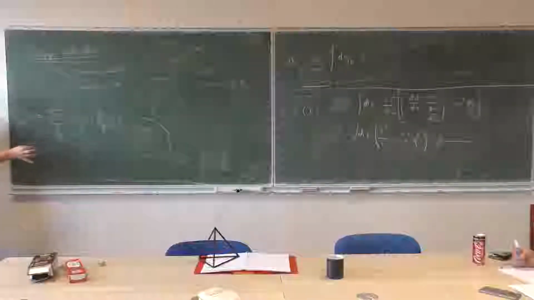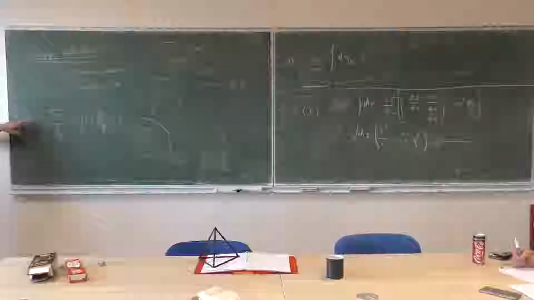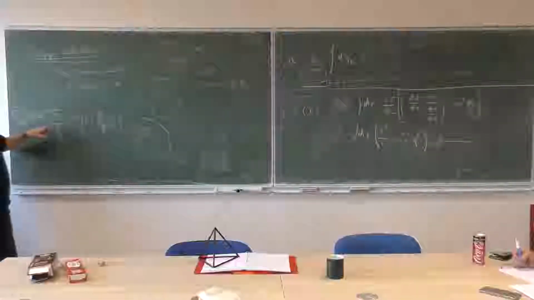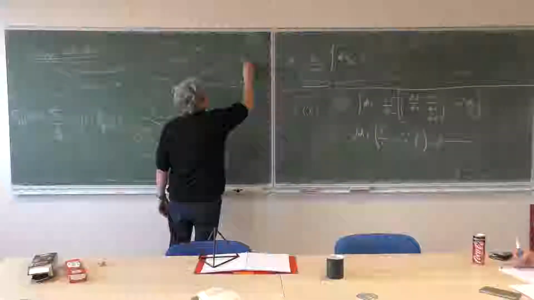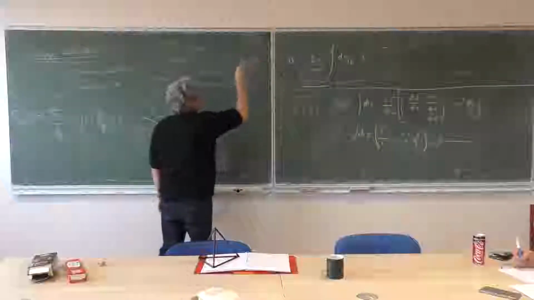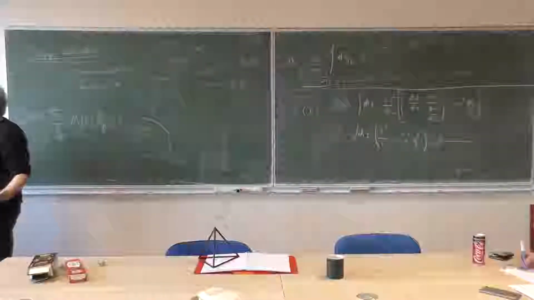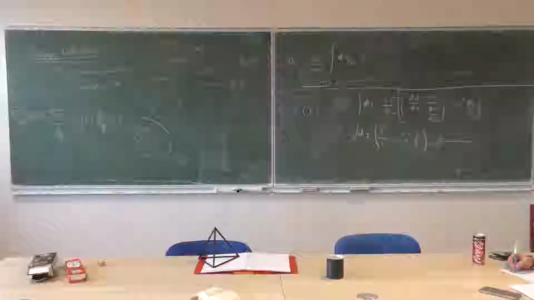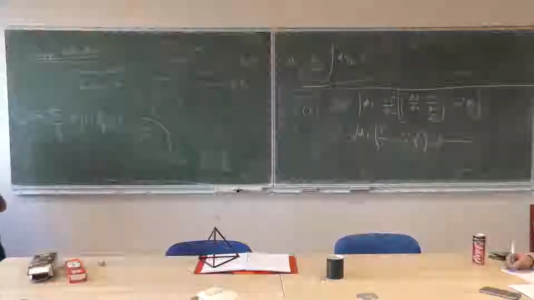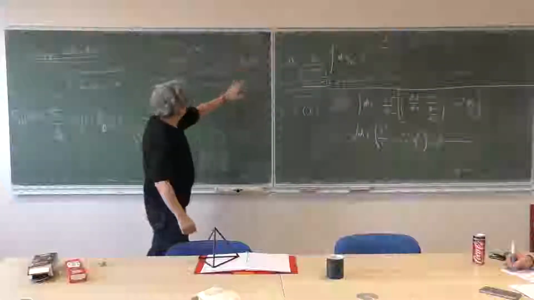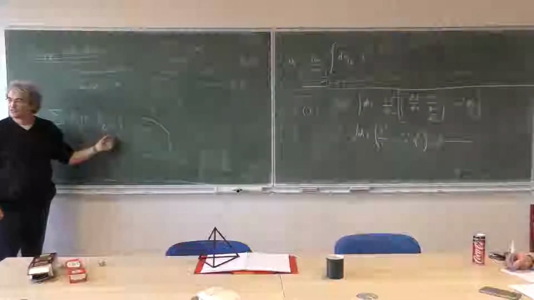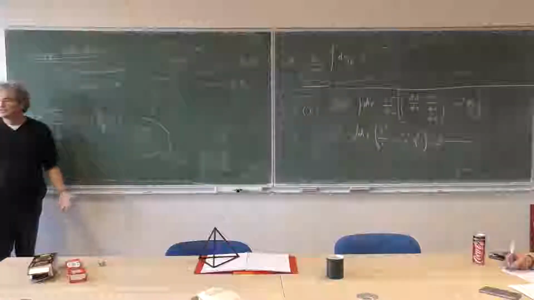This is a number. It's a number that depends only on the L. So if all these L approximated some geometry, g mu nu of x, this is like a number computed out of the geometry. If you think for a while, what could it be? It's a number that depends on the g, depends on the curvature, sort of measures how much curvature there is.